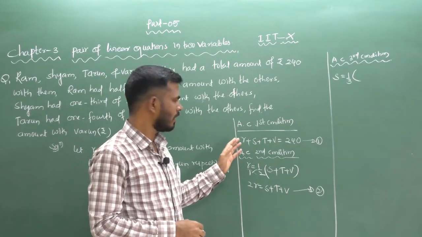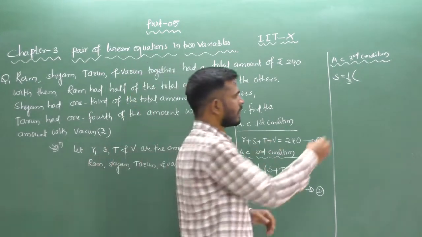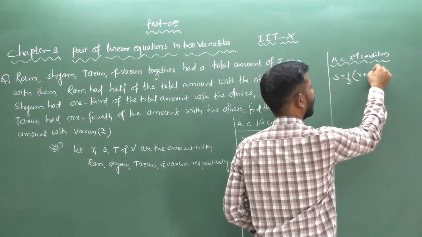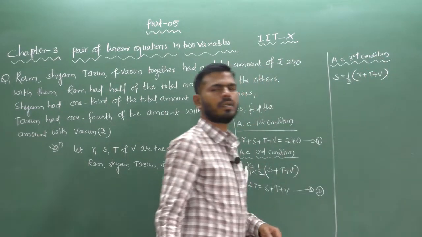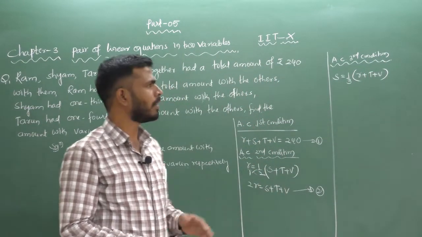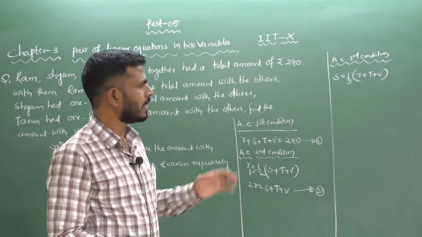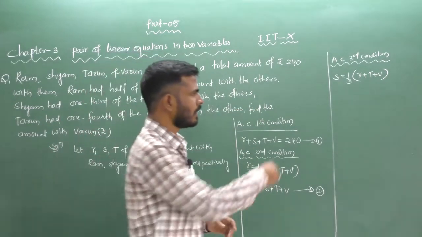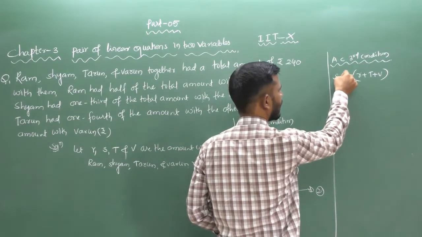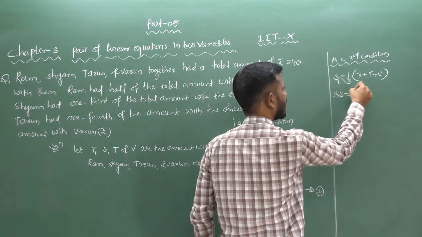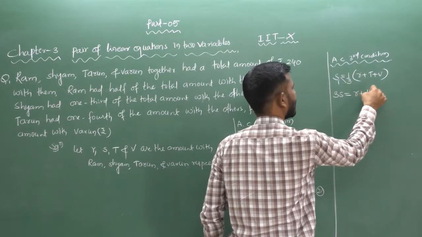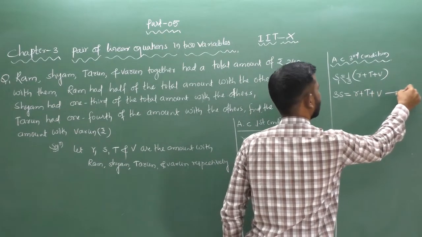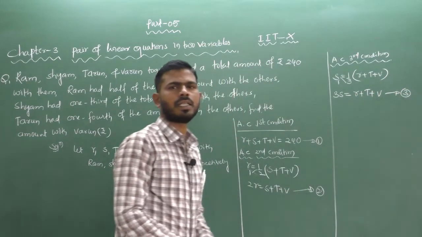Who are the remaining? R, T, V, that is Ram, Tarun and Varun. So Shyam had 1/3 of the remaining amount. Now simplify: by cross multiplication we get 3S equal to R plus T plus V. This is equation number 3.